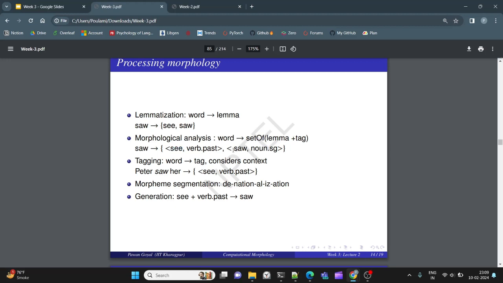First part is the lemma. The remaining part is the tag. So the morphological tags consist of the POS tag, and they also contain the features, such as what is the tense and what is the number. Here verb dot past means past is the tense, whereas when I'm talking about the noun form, SG means it is singular.